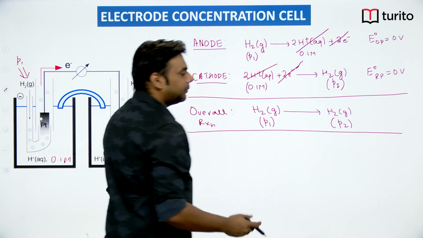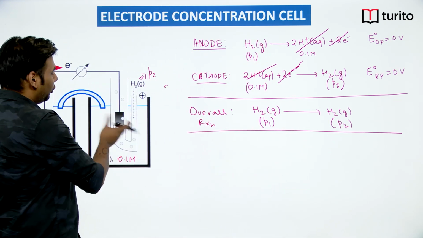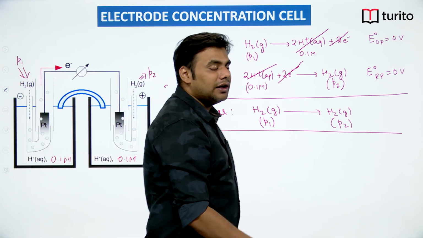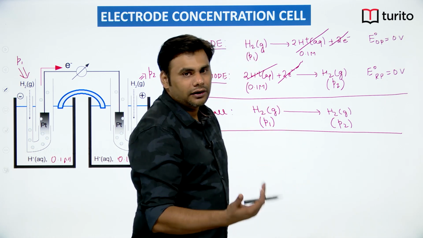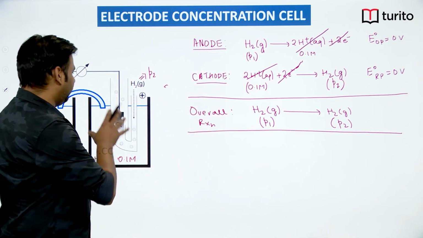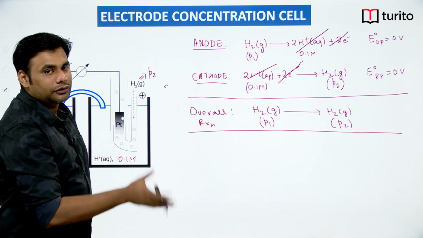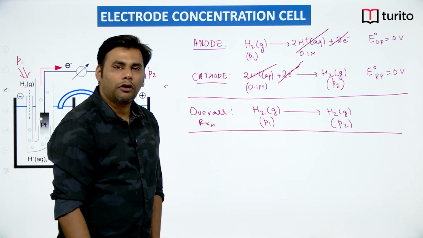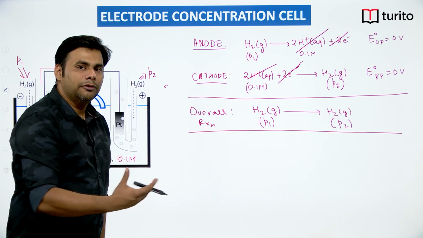Now you can see that there is a pressure gradient. The pressure in both halves is different, due to which their individual reduction potentials would be different. So a potential difference is generated, due to which there would be a flow of current and the cell would start producing current.